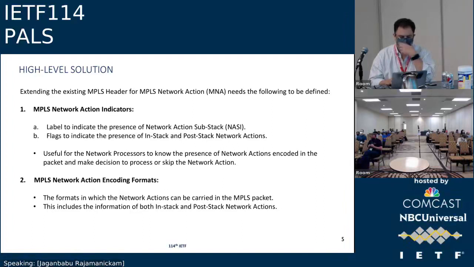Secondly, apart from the network action indicator, we need to encode the network actions, so we should come up with a format. There is a format which describes how the in-stack and post-stack network actions are going to be encoded. Next slide, please.